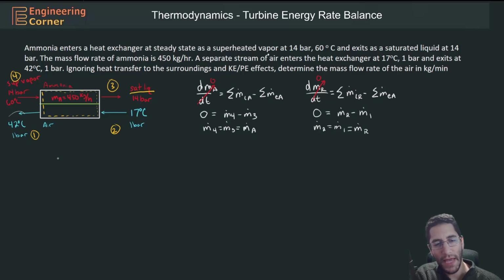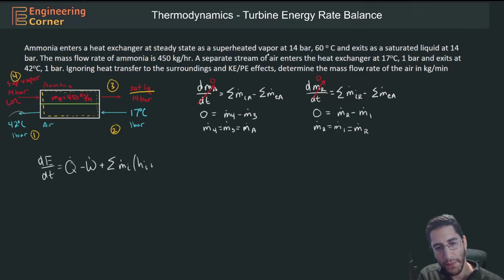So now let's move along to the energy equation, the energy rate balance. So dE/dt is equal to Q dot minus our work. And we have multiple inlets and multiple outlets of the control volume. So we can't simplify it, even though we can simplify the individual streams. So we're going to have to do the sum of my mass flow rates that are in my inlet times their enthalpies plus their kinetic energy term plus their potential energy term.